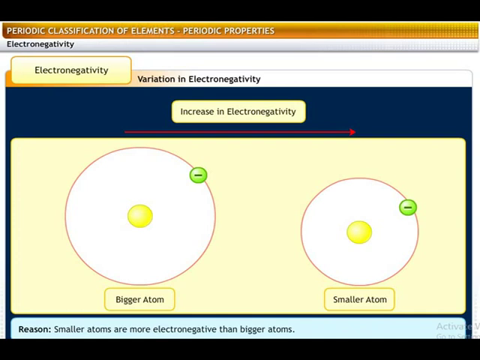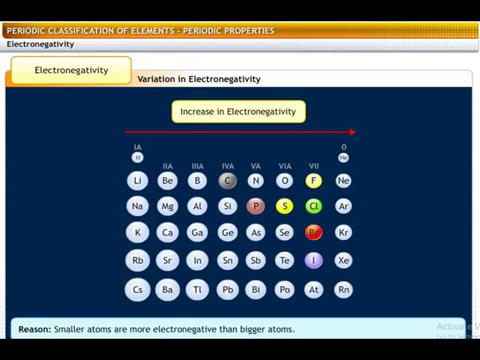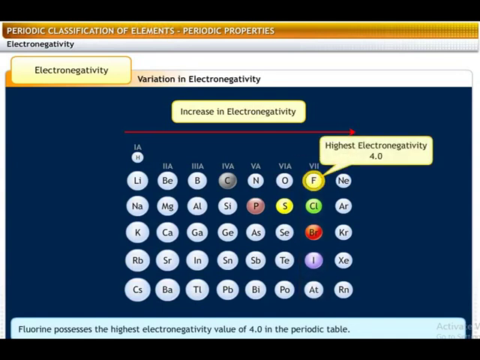In smaller atoms, the outer shell is very close to the nucleus, and hence, the attraction between the nucleus and the electrons is stronger. In the periodic table, halogens have high values. Fluorine possesses the highest electronegativity value of 4.0 in the periodic table.